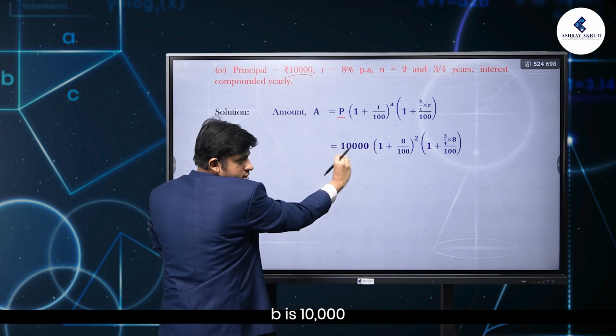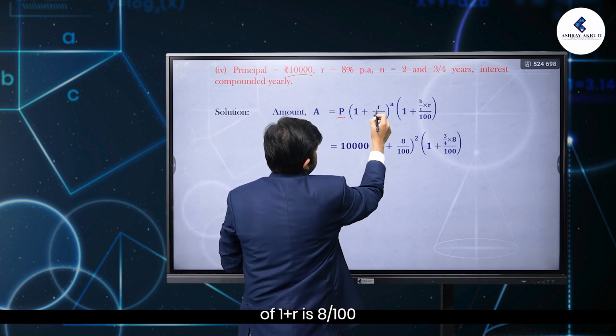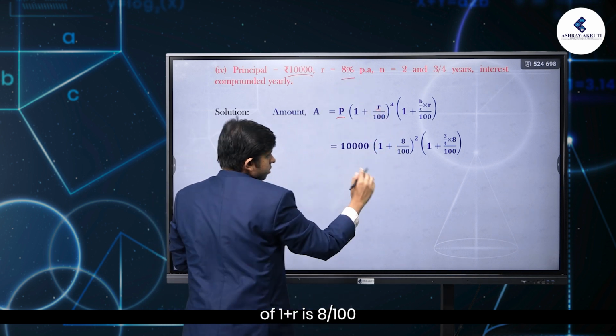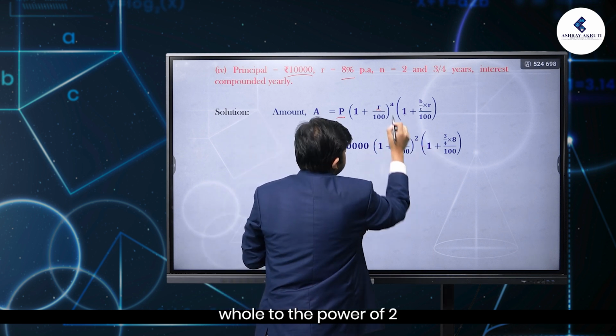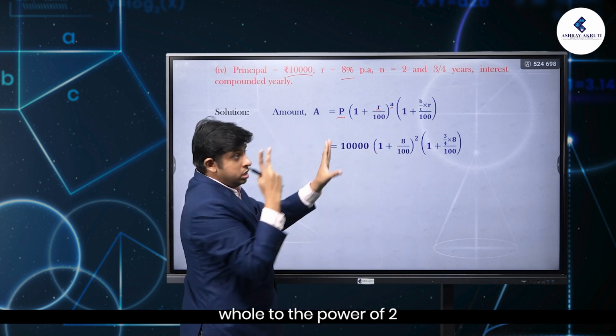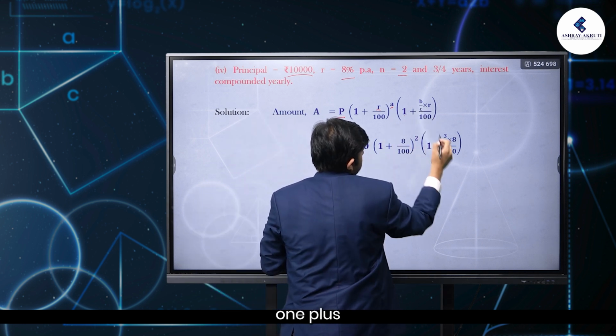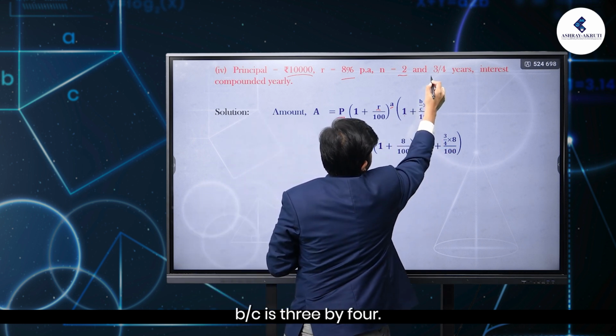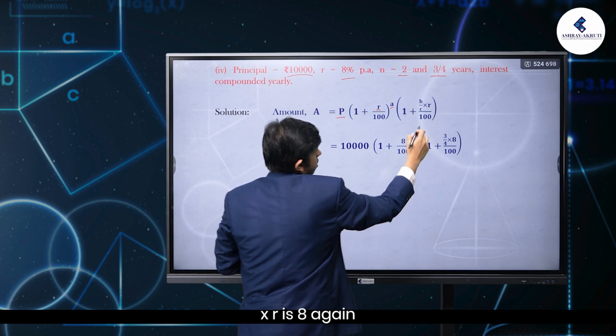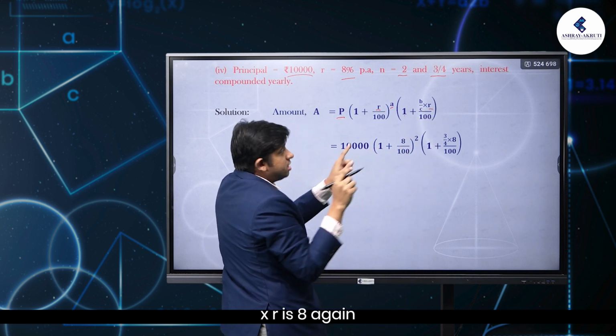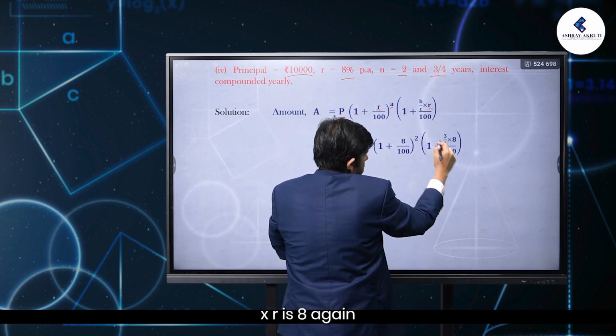P is 10,000 of 1 plus R is 8 by 100 whole to the power of 2, into 1 plus b by c is 3 by 4 into R is 8 again by 100.